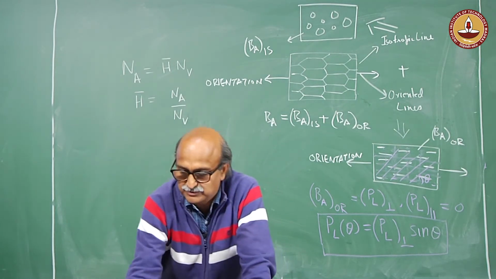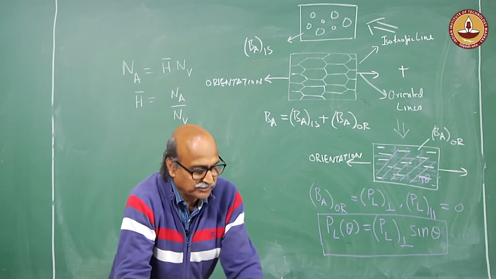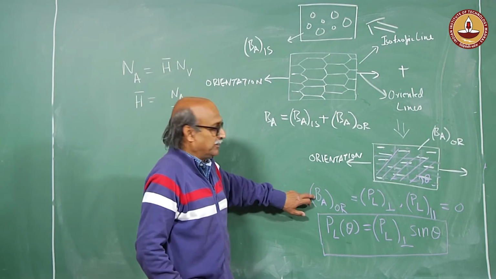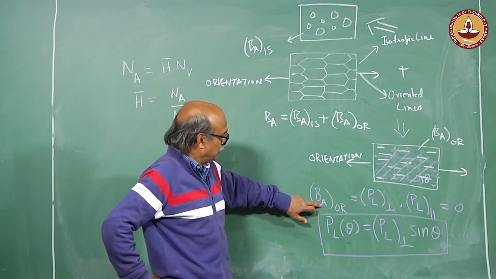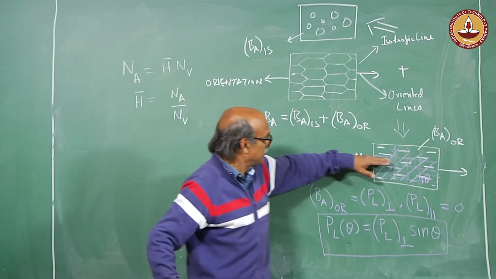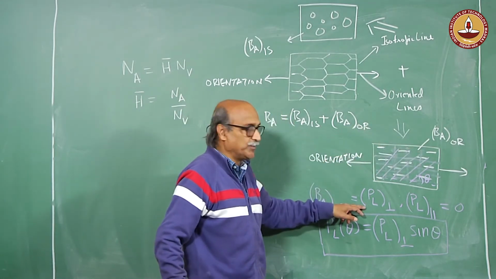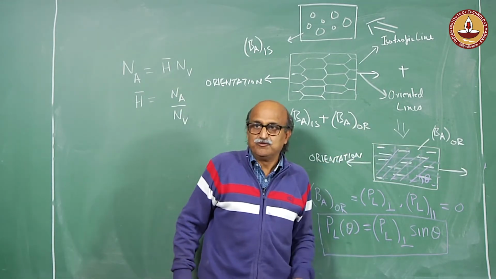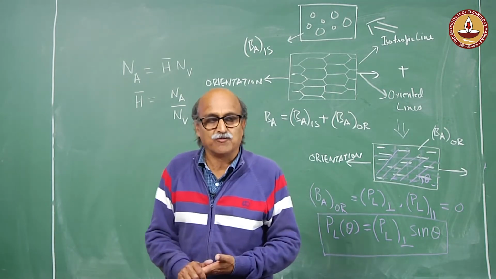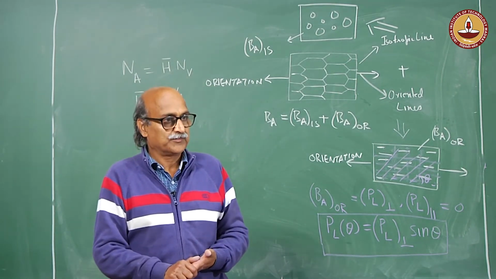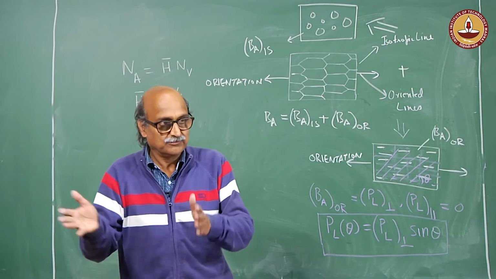Now, let me just go back. What this means is the total line length per unit area of these oriented lines should be equal to PL perpendicular, which means it should be equal to 20.1 units per unit square, those arbitrary units.